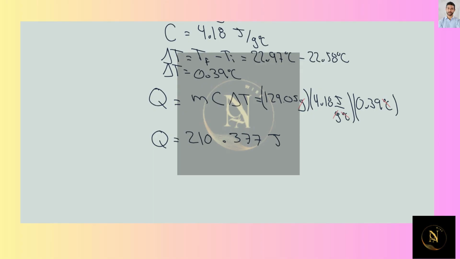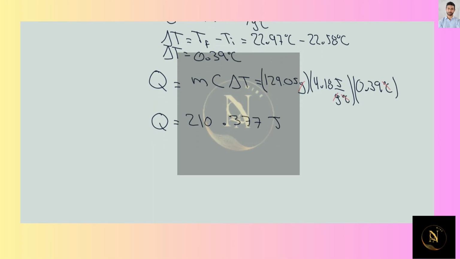So the heat in this case, as you can see, is going to be in units of joules. Grams with grams cancel out, degrees Celsius with degrees Celsius. And the heat coming from this reaction is going to be equal to 210.377 joules.